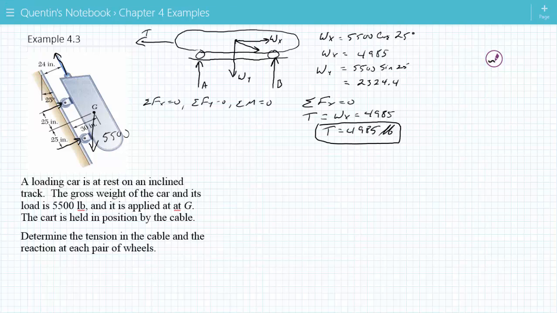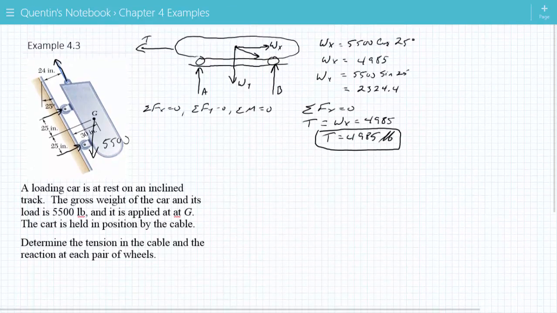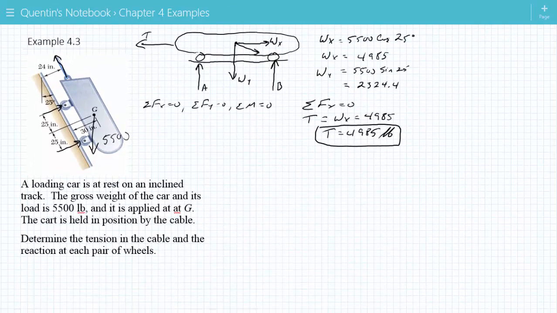Now we need to figure out the next one. Do we want to do the sum of the forces in Y? Well, we have two unknowns in Y, and although it would work, you're going to have two equations, and eventually you're going to need another equation. So instead, let's take the sum of the moments, and pick somewhere where something cancels out. Let's take the sum of the moments about A, equal to 0. In that case, we have T times this lever arm, 24 inches, which makes it rotate counterclockwise.